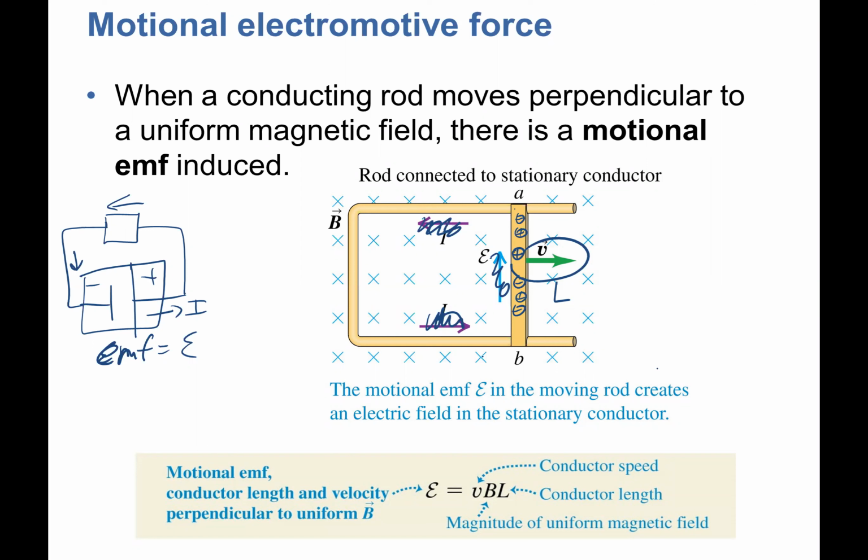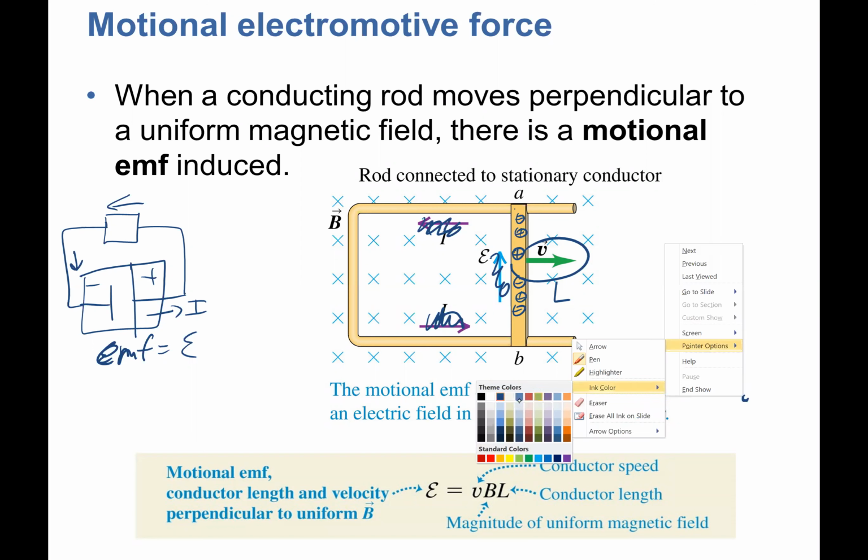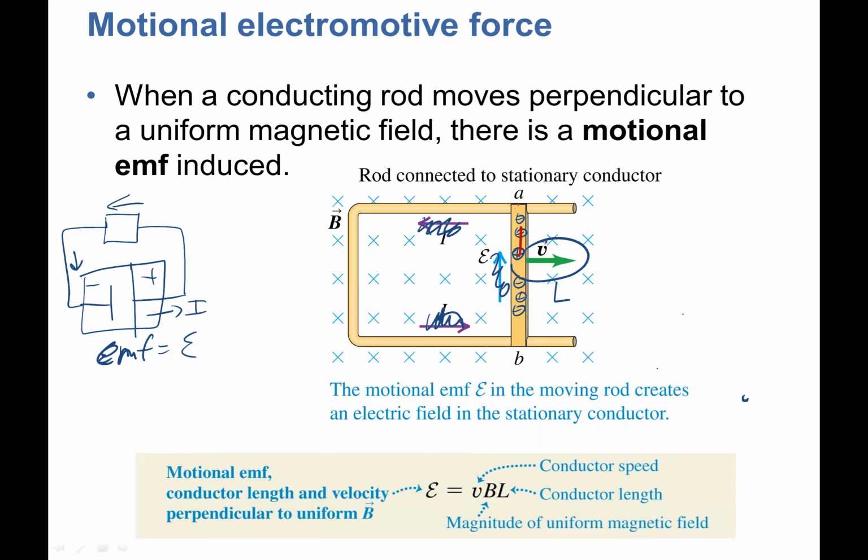If I take my fingers in the direction of the velocity and curl them in the direction of the magnetic field, which is into the page, I get an upward force on a positive charge and a downward force on a negative charge. That means all the positive charges are pushed up toward point A, and all the negative charges are pushed down toward point B.